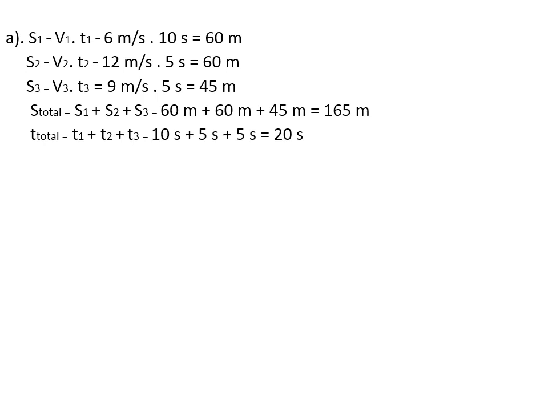After we have found S total and T total, we can determine average speed. Average speed equals S total per T total equals 165 meters divided by 20 seconds equals 8.25 meters per second.